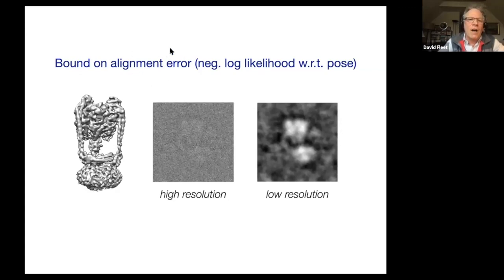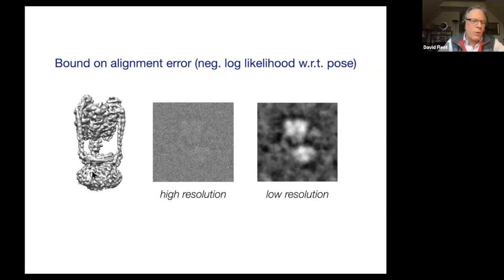When I say alignment error here, all I mean is the negative log likelihood, because that's what we're really working with here. And the idea of the bound is that if you get rid of the high frequency structure and just look at the low resolution structure, that gives you already a pretty good idea of how this particle is oriented in this image.